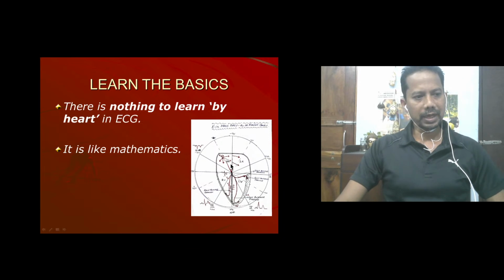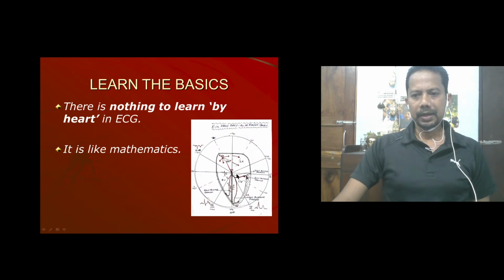This is the normal quadrant, from 0 degree to plus 90 degree, electrically. From a clinical point of view, many cardiologists and authorities take up to minus 30 degree as normal and up to plus 120 degree as normal.